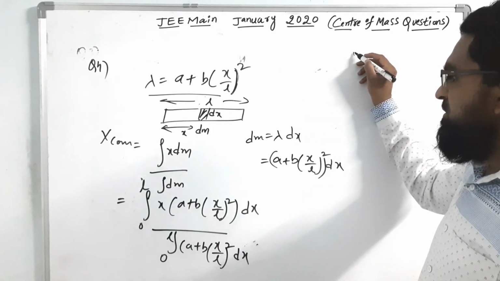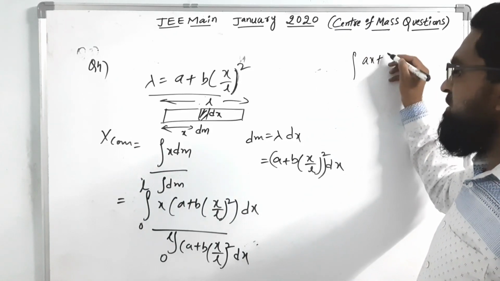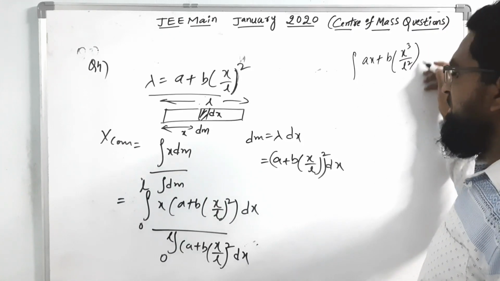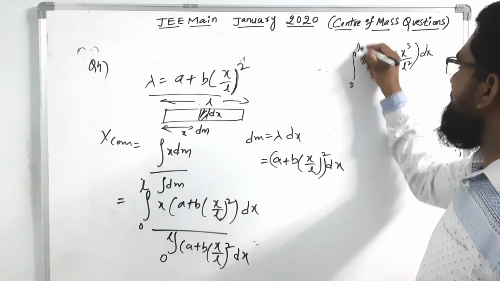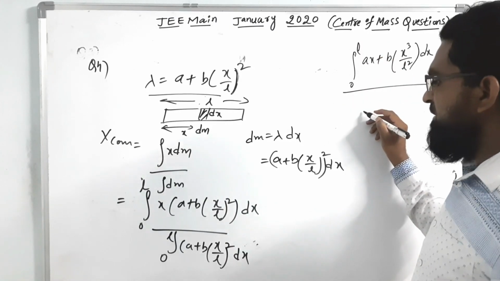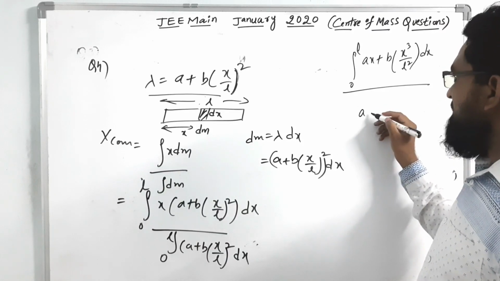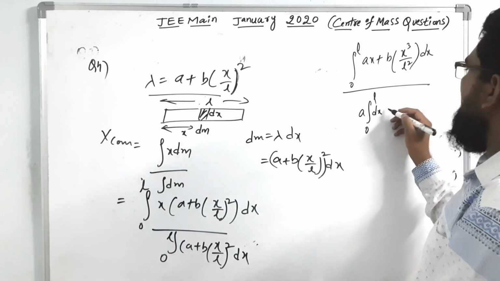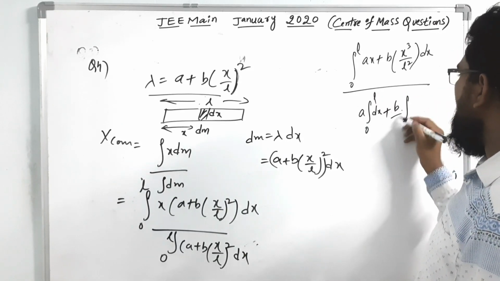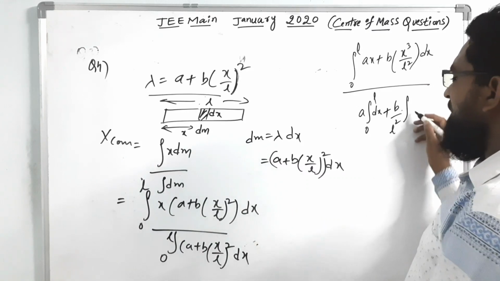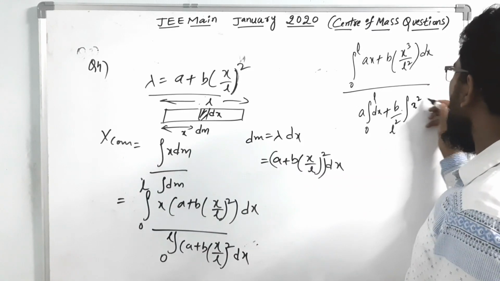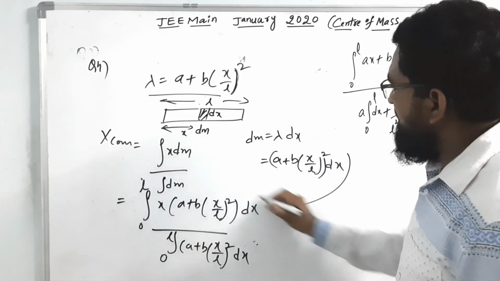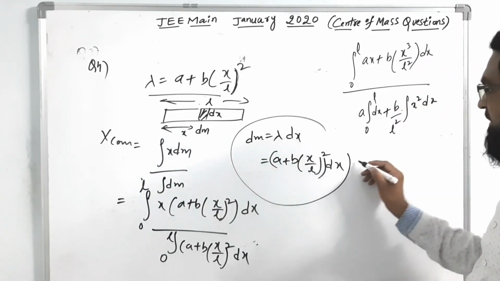See integration: ax plus b into x cubed by L square dx, 0 to L, and next integration: a is constant, but integration 0 to L dx, plus b into b by L square, and here x square dx. Okay, this is the integration method, we know this one, clear. So after integration we will get the answer here.